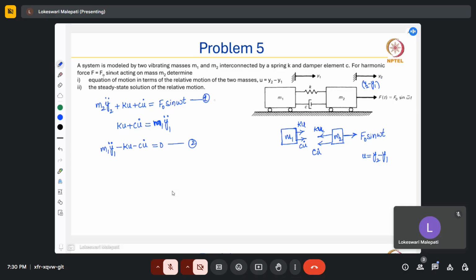Now let's multiply equation 1 with M1 and equation 2 with M2.